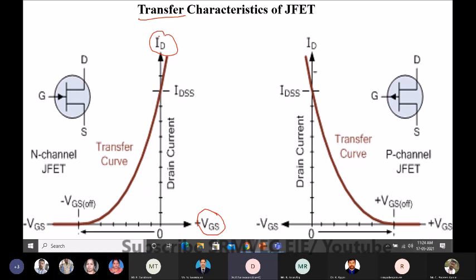For an N channel, as you increase the negative voltage, the current reduces. It is opposite for the P channel. So this is the transfer characteristic: the change in the output due to the input.